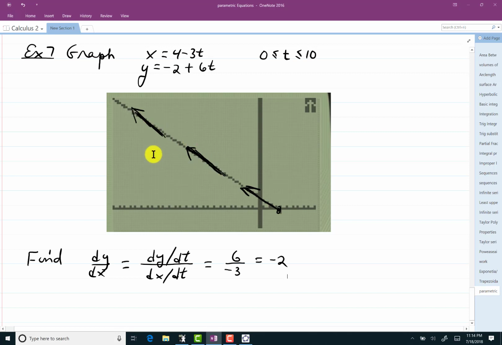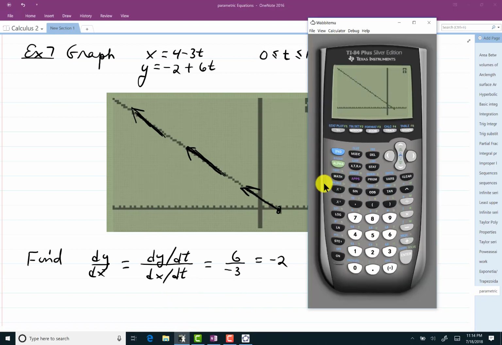But your calculator can help you out a little bit as far as checking your work. What you can do is you can press second, trace. That will take you to the calculus menu. And here it gives you the different things that you could calculate.